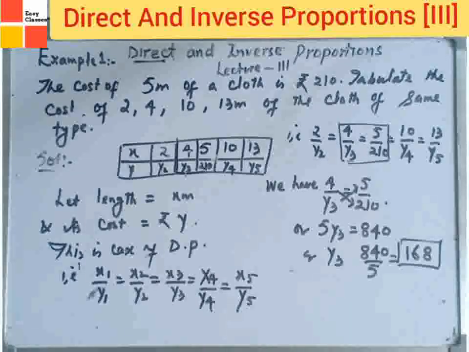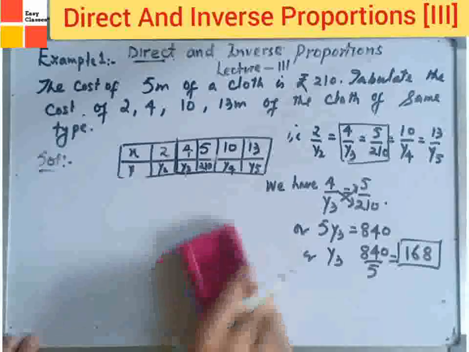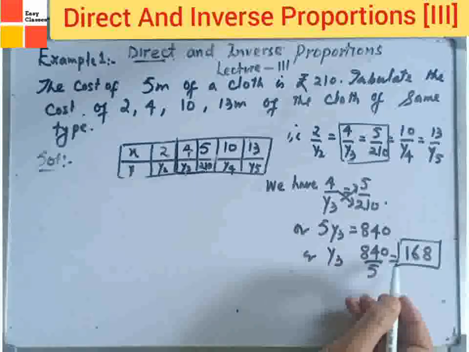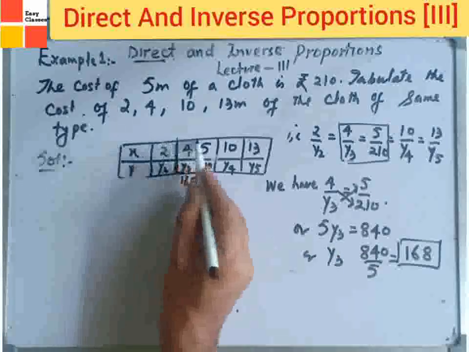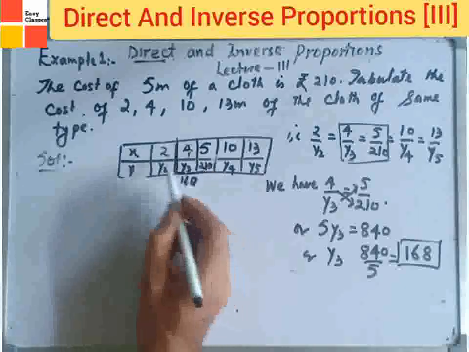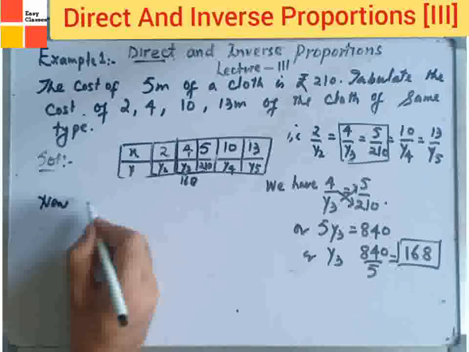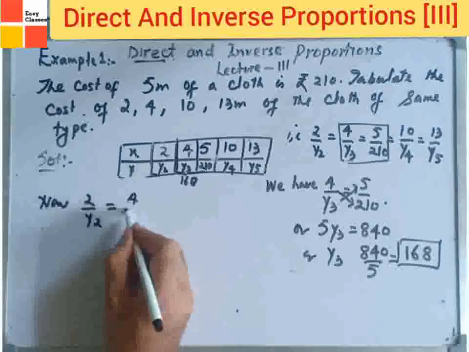Now let me rub this part. Now let's take another two. We know that y3 is equal to 168. Now you can take any two of these parameters. Now 2 divided by y2 is equal to 4 divided by y3.